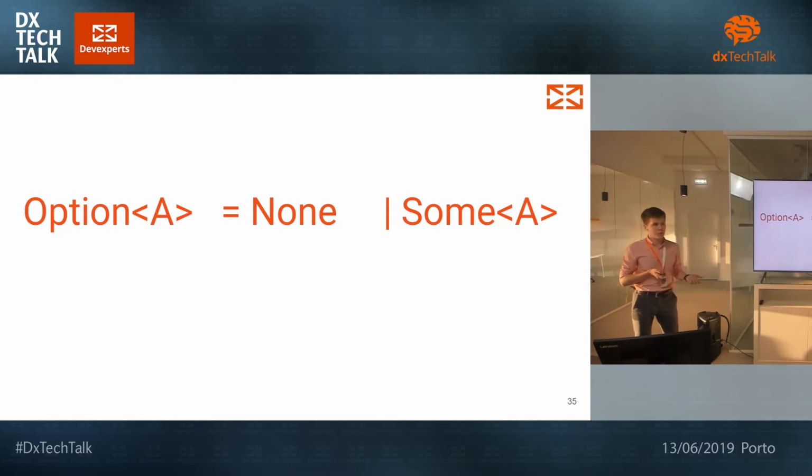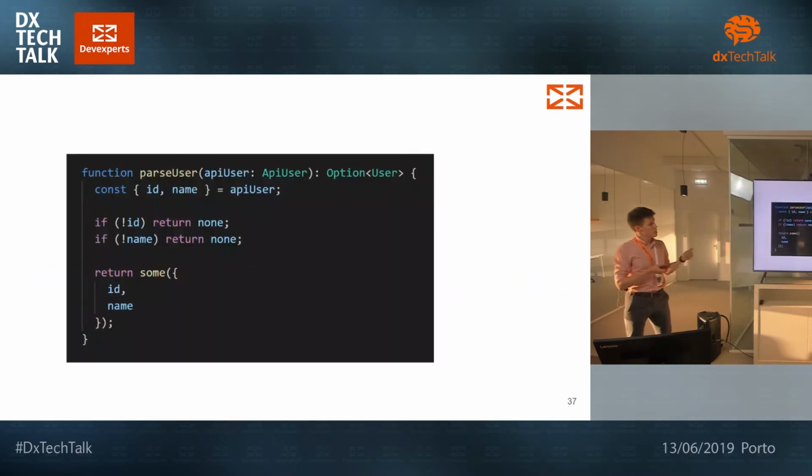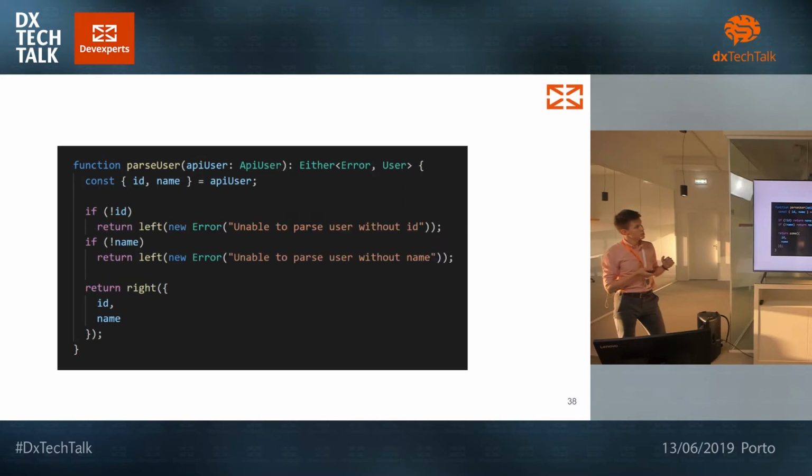And there is another algebraic data type for that. It's called either. It's almost the same as option, but it has two type arguments for the left part and for the right part. And now our former none part also has value inside it. So our example from this will become something like this.